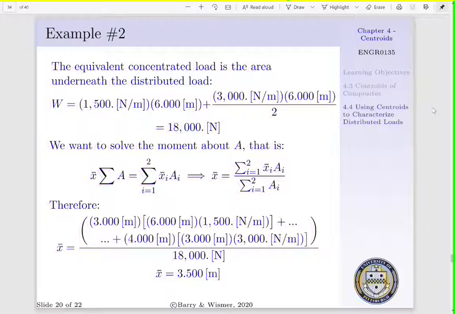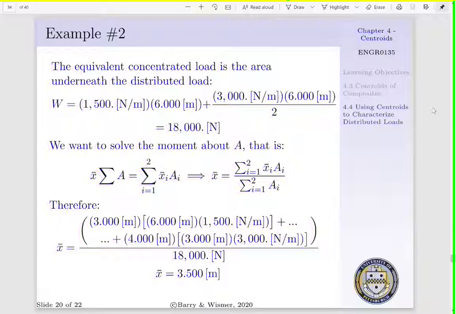Therefore, we can say x bar is equal to 3 meters times 6 meters times 1,500 newton per meter. Now, in this formulation, 3 meters is the x bar location of our rectangle, i.e. 1/2 our base. That is representing our load of 9,000 newtons. We add this to the quantity 4 meters times 3 meters times 3,000 newton per meter.